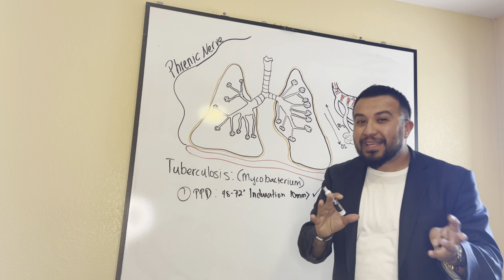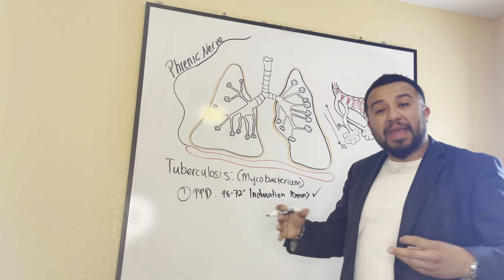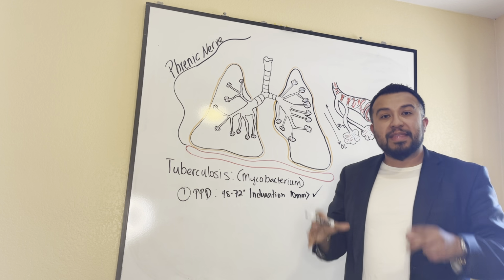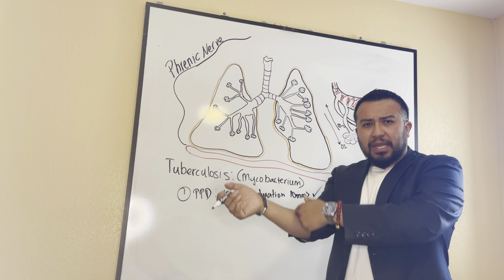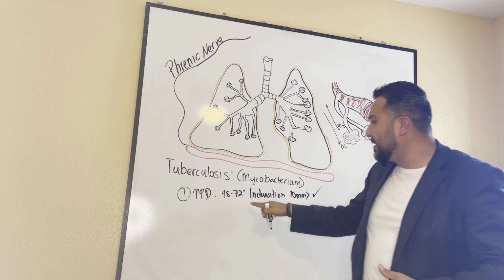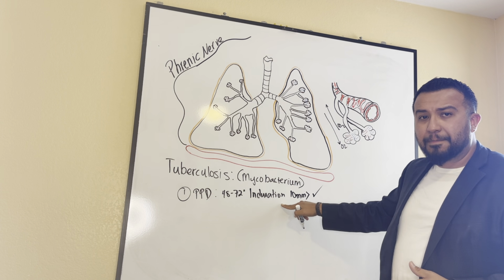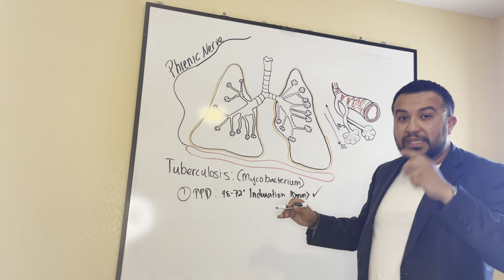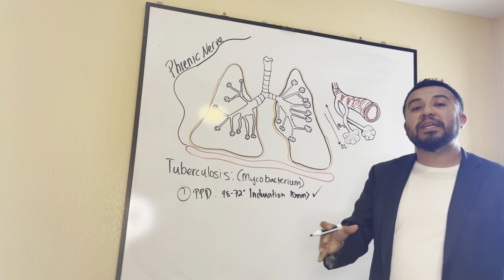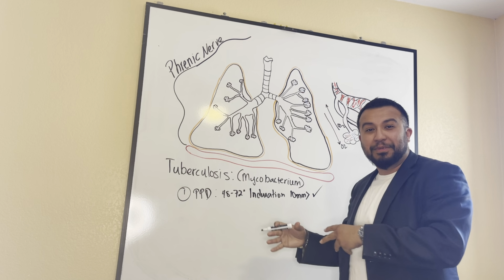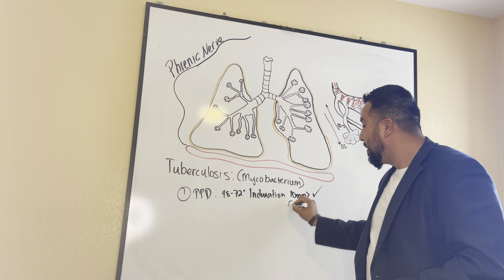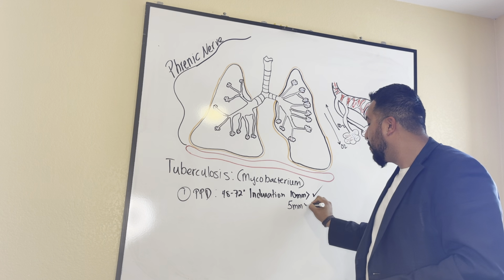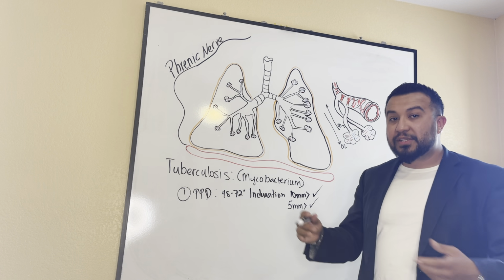Now, that does not mean that you have tuberculosis. That just means that you have the antibodies that attacked that PPD, that protein of tuberculosis, inside of the arm, and that's why it reacted. That's why it became indurated. Keep in mind that if you're assessing for TB for a patient who is already immunocompromised, then for them, 5 millimeters or more is considered a positive reading.